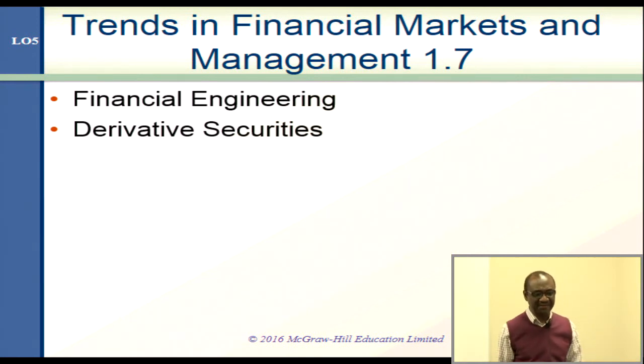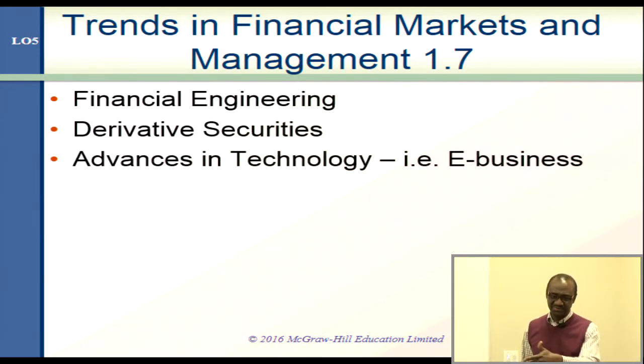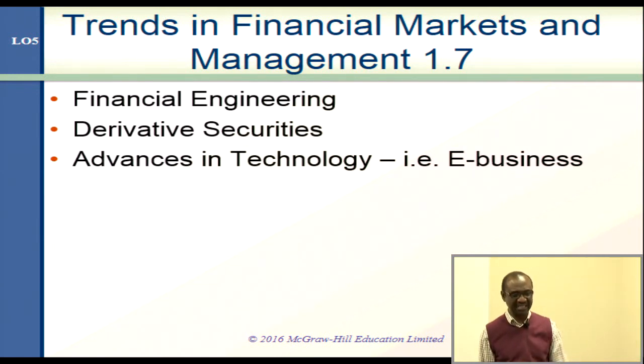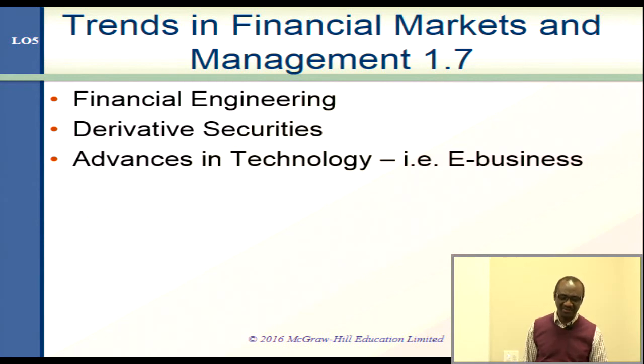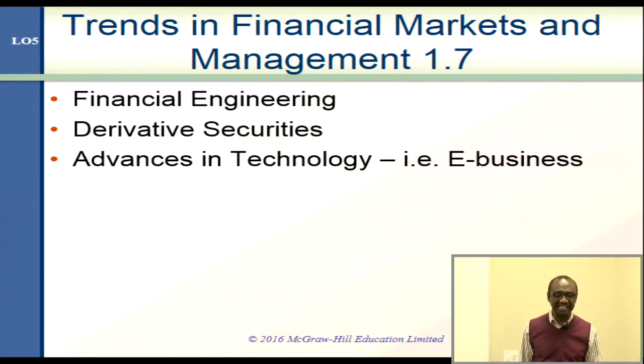Equally, we will talk about the advances in technology, such as e-business that we see today. A lot of activities are online, even banking, for example. We have e-banking, e-business. These are all kinds of information or activities going on, which is the new trend in financial markets today. We also have the issue of deregulation.